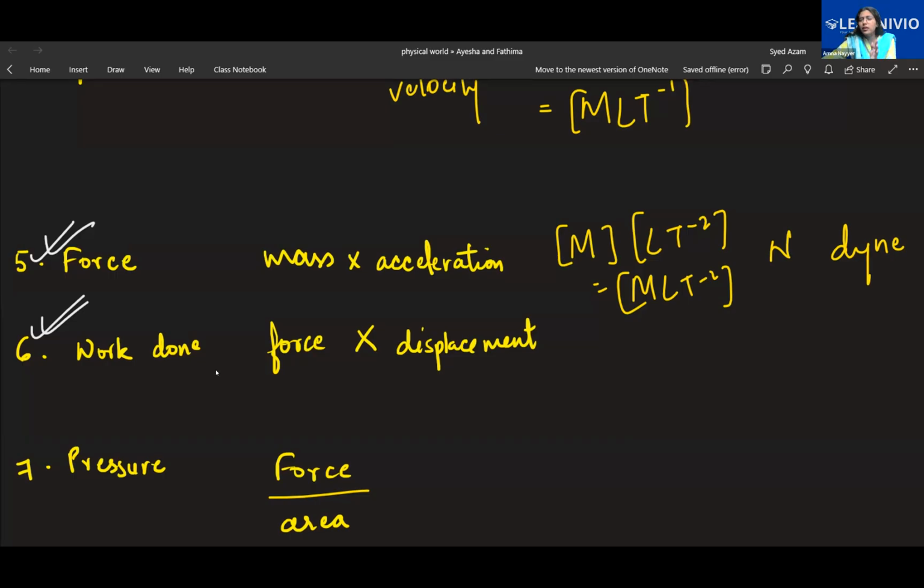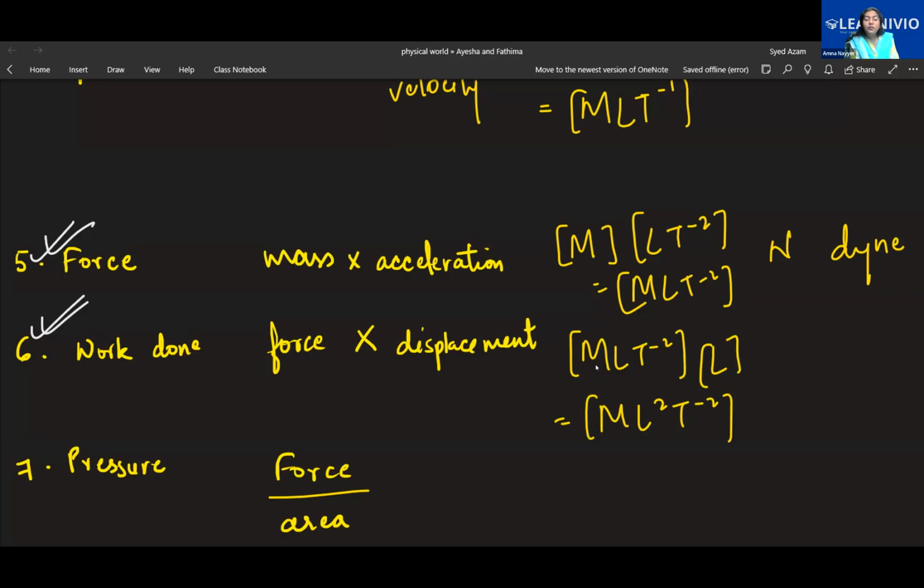And this work done, class, remember this work done's dimensional formula. Why? This is force. Force is MLT to the power minus 2. Displacement is L. So this becomes ML square T to the power minus 2. Why am I saying this on work done?